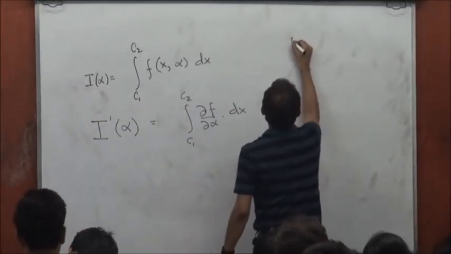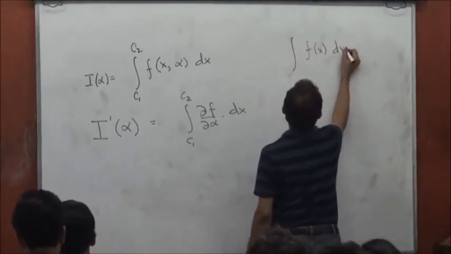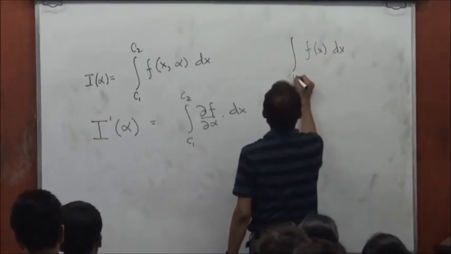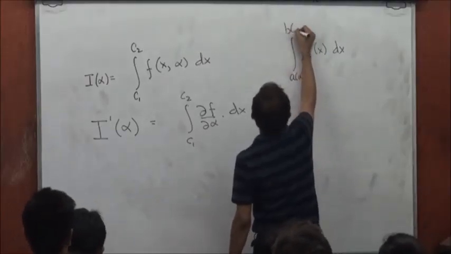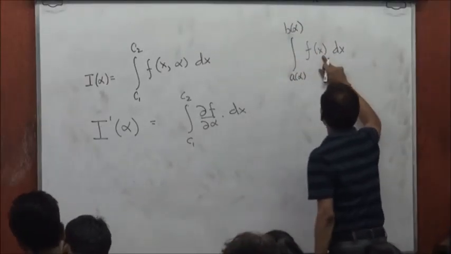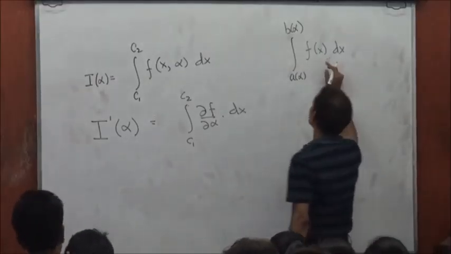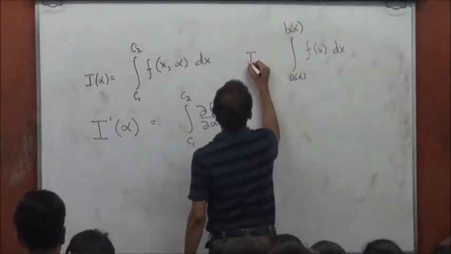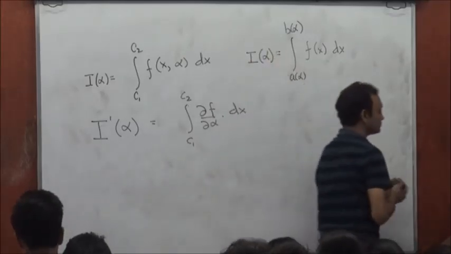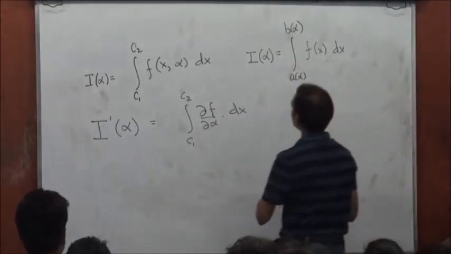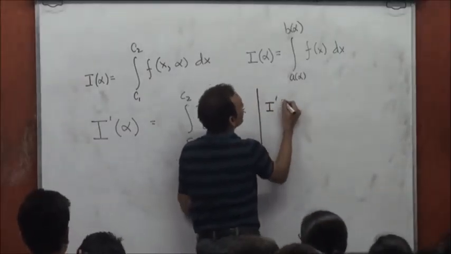If I had the integral of f x dx, where x changes from, say, a function of alpha, a alpha, to b alpha, and f is independent of alpha, this whole thing is a function of alpha, I alpha. Then I dashed alpha.